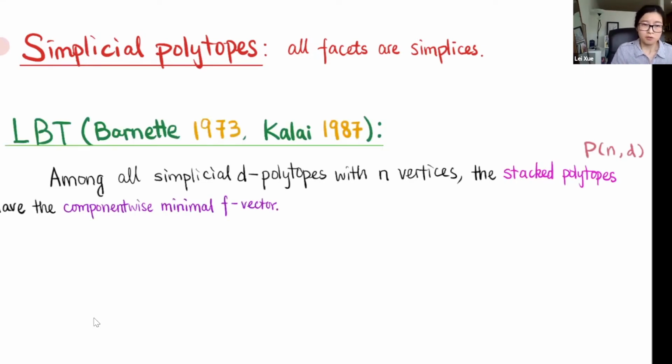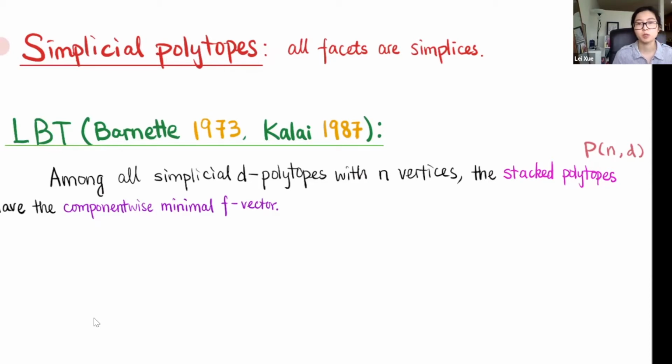And for this special family of polytopes, one of the most important results is the following: the Lower Bound Theorem, proven by Barnette in 1973 and Billera and Lee for the equality case in 1981, which says that basically if you fix the dimension of such polytopes to d and the number of vertices to n, then stacked polytopes will have the component-wise minimal f-vector.